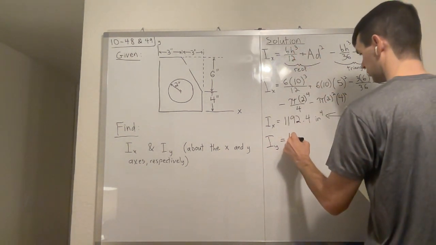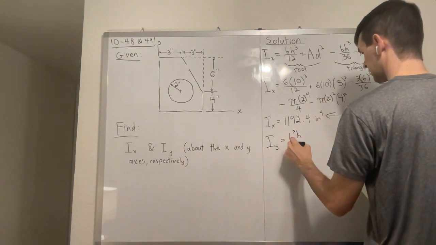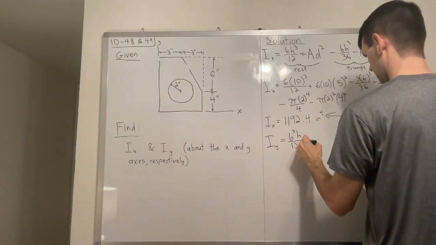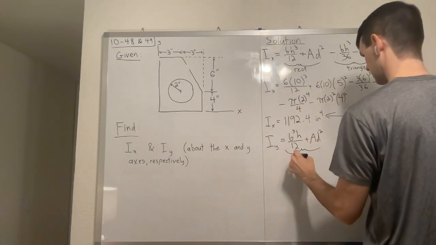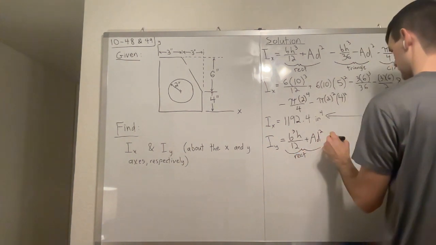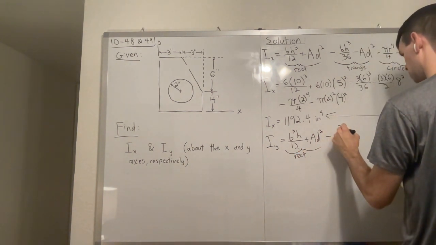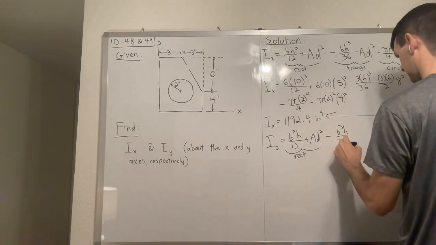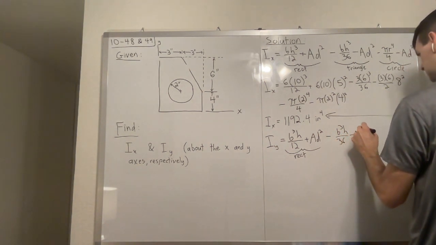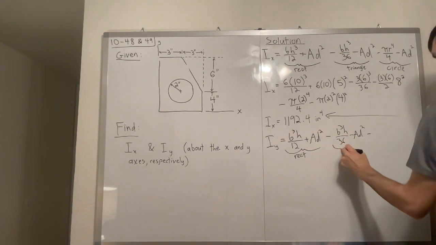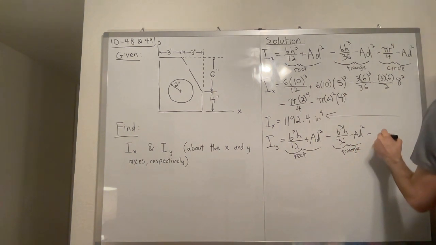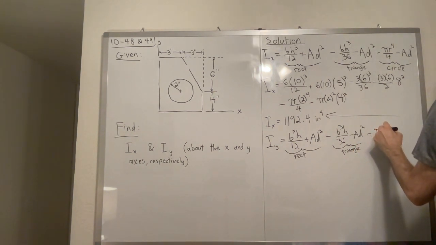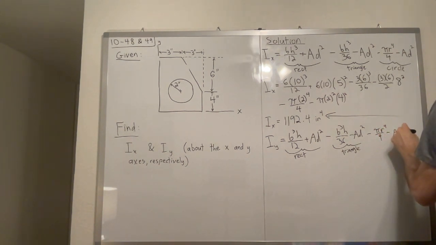So we'll get b cubed times h over 12 for the rectangle plus A d squared, minus b cubed times h over 36 minus A d squared, that's for the triangle, minus pi r to the fourth over 4, nothing's changed for the circle, minus A d squared.